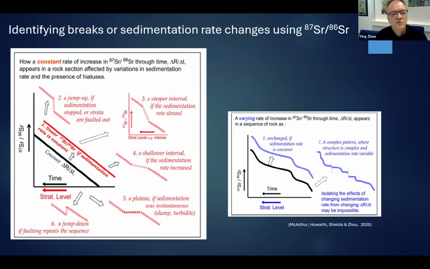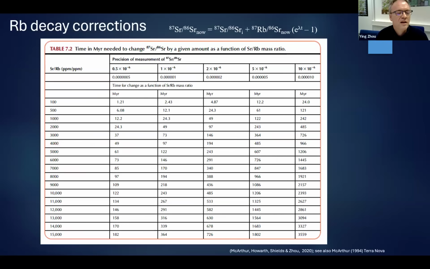If we know that the sedimentation rate is consistent and we still see changes over time, then that is something which is real, and it is part of the secular evolution of strontium isotope ratios. So they can be useful for that purpose as well.